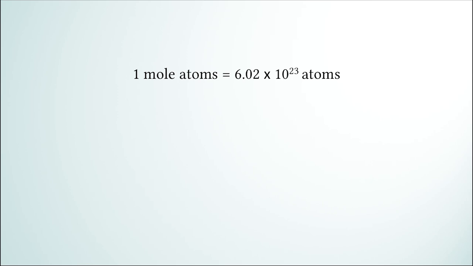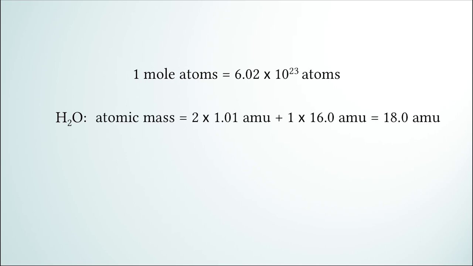If you add up the total atomic mass units of a single molecule, then if you have a sample of that number in grams, then you will have 6.02 times 10 to the 23rd molecules in that sample. Consider water. A water molecule has 2 hydrogen atoms and 1 oxygen atom. So its atomic mass is 2 times 1.01 plus 1 times 16.0, which equals 18.0 atomic mass units.